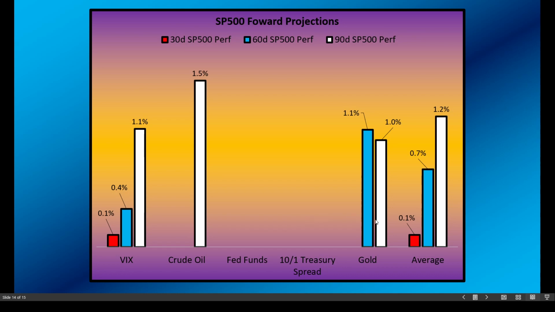If we start to see gold not go down a lot, but go down moderately, maybe 8, 10%, that would be indicative of a stronger move as well. So that's where we stand right now. And I think it'll be helpful to take a look at these numbers moving forward, especially if we see a big move in the VIX or perhaps crude oil. Gold has looked strong lately. We'll revisit these numbers on a regular basis, so hopefully we can forecast what's to come in the future.